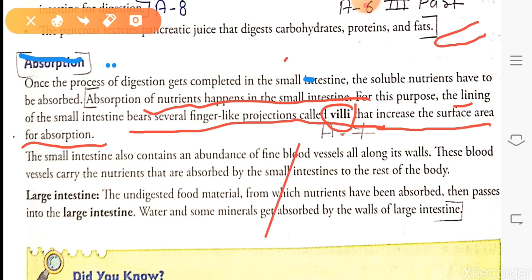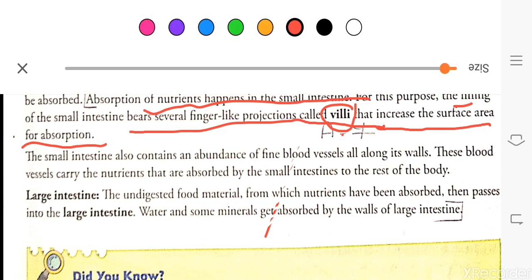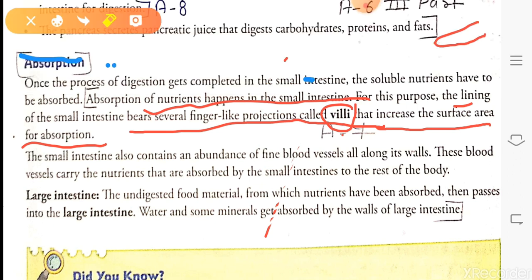Next, the small intestine also contains an abundance of fine blood vessels along its wall.